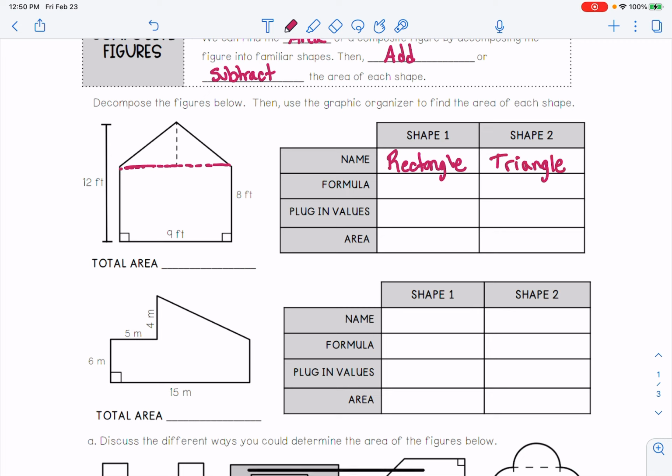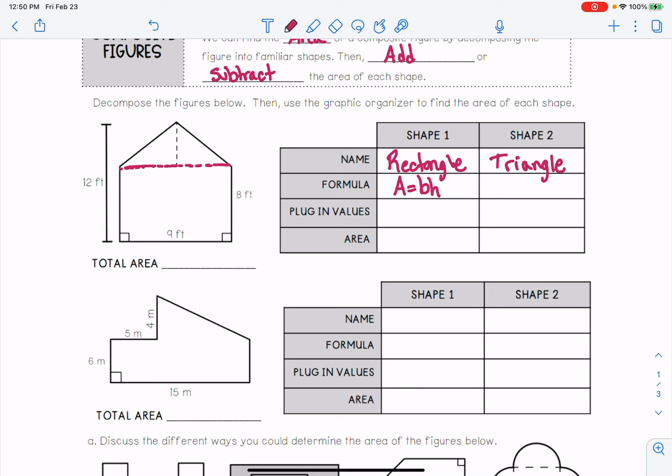Let's focus on the rectangle first. Our second row in our graphic organizer asks for the formula, and we know the formula of a rectangle is base times height. Next, we're going to plug in the values for the base and the height. So looking at our rectangle, our base is 9 feet, and our height is 8 feet.